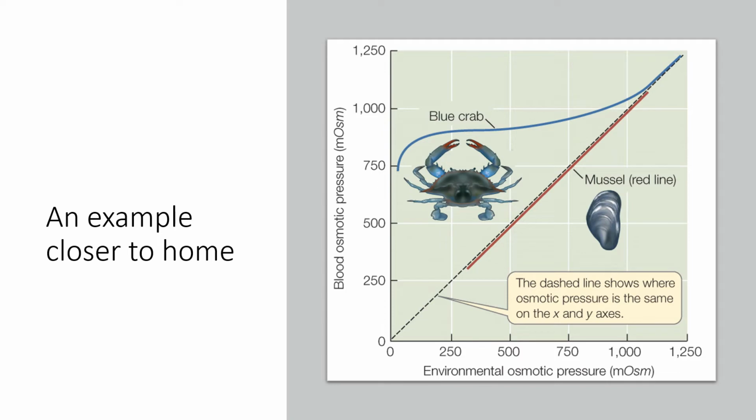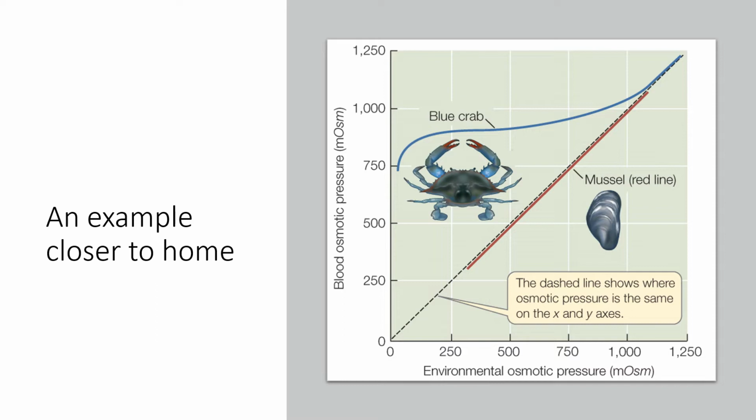And just to give you an example, because we're here in the Chesapeake Bay and I wanted to show you some organisms that are around here, notice that the blue crab, which is very common in freshwater and saline environments, is a really good osmoregulator up to most concentrations. At very extreme values, it either becomes an osmoconformer, or in the case of when the osmotic pressure outside begins to become almost fresh, then it has a hard time maintaining salts within its body.